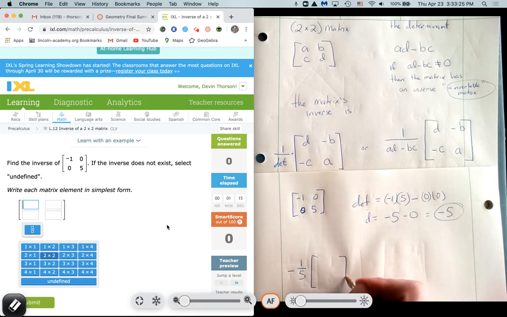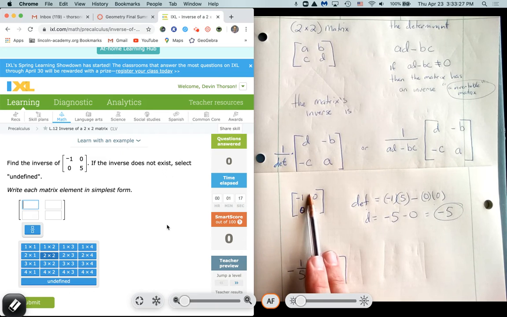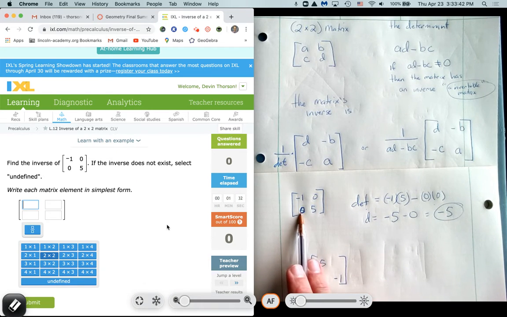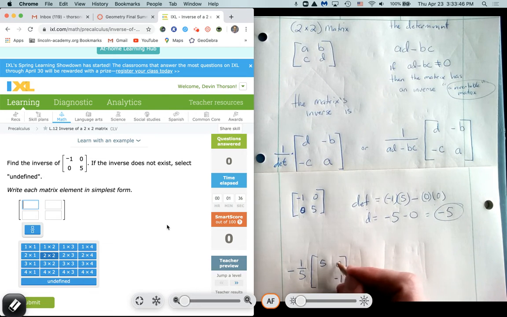I'm going to distribute it in to a matrix where I swap the position of these two. So that means I'm going to take the -1 and put it down here in the bottom right. I'm going to take the number that was in the bottom right, move it up to the top left, the 5. And these two numbers, I'm going to change the sign. Now, since they are 0, when you change the sign on 0, it doesn't change it. So I'm just going to leave them as 0. I didn't swap their position. I just changed their sign, which did nothing.